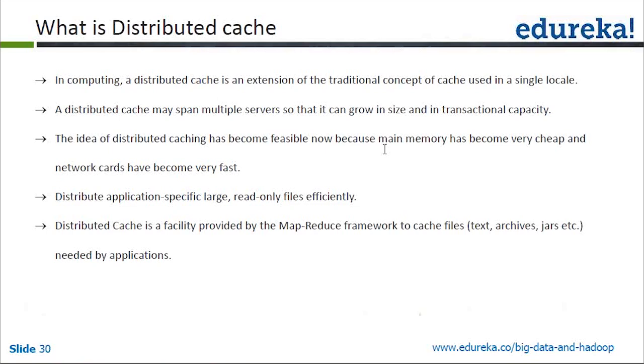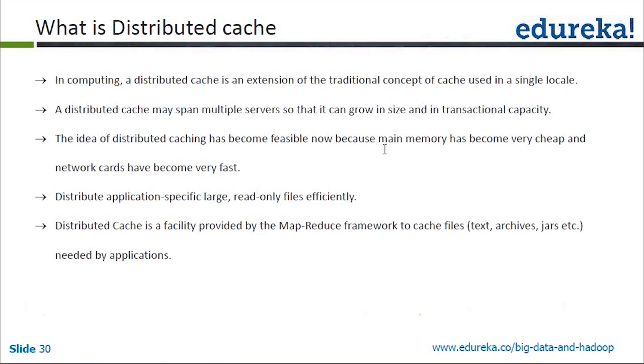When we write applications using MapReduce, we sometimes are required to share files across all the nodes in the cluster. So the Hadoop MapReduce framework provides us with this facility, and this is known as distributed cache. And this is to cache files like text files, archives, jars, whatever is needed by the applications.